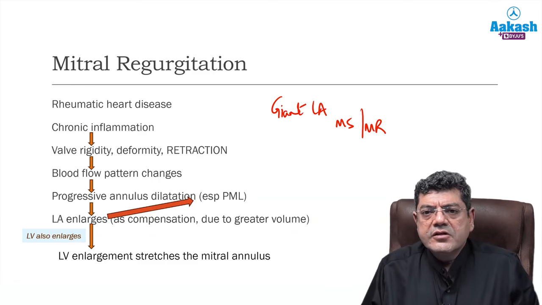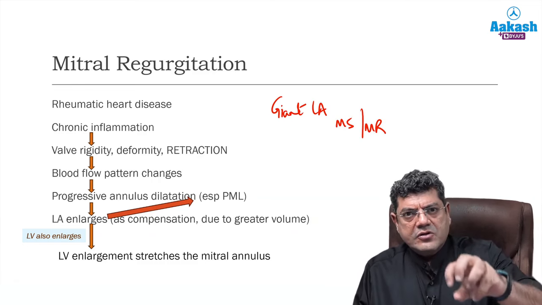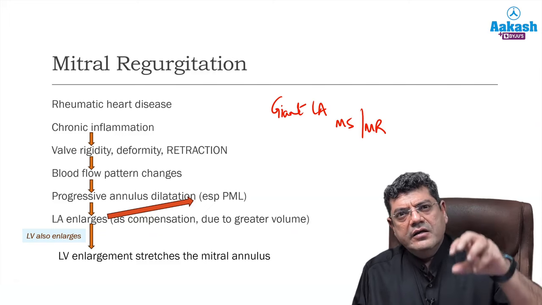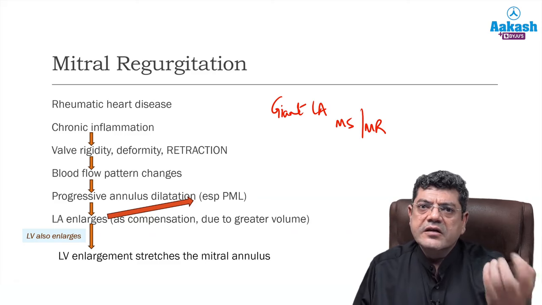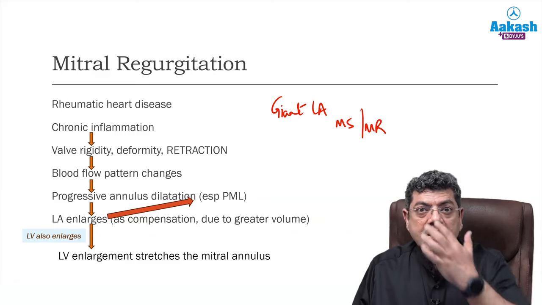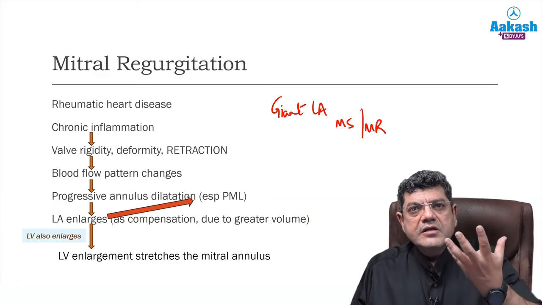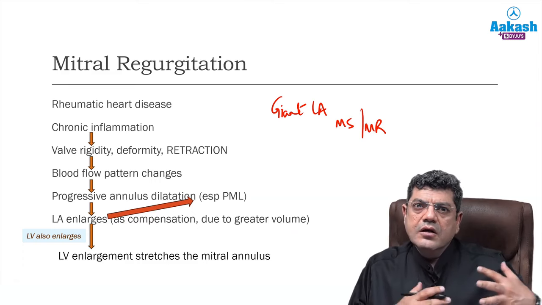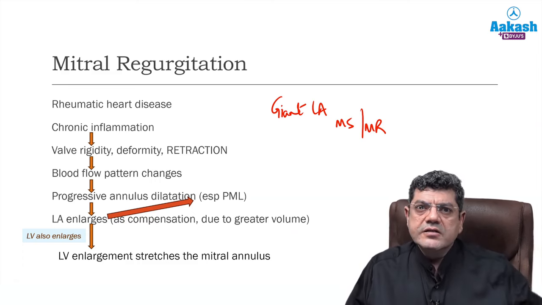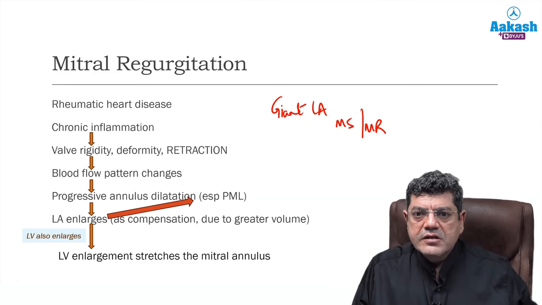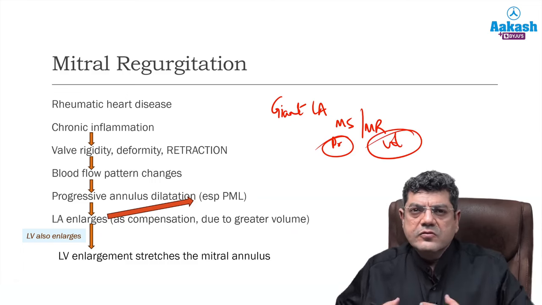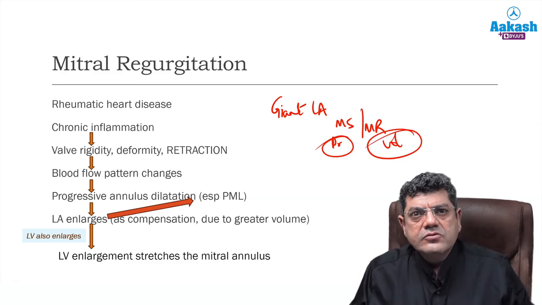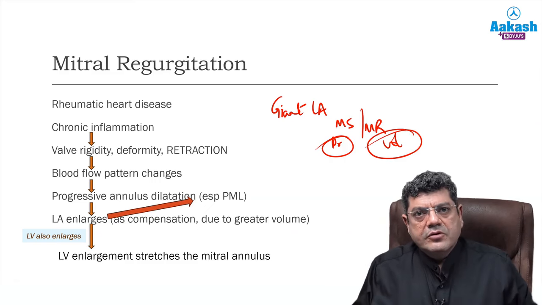Is it a condition in which the left atrium is contracting and trying to push blood from the pulmonary venous return into the left ventricle, or is it the condition in which the left atrium is enlarging to accommodate the regurgitant jet from the LV? This is primarily a pressure overload of the left atrium. This is a volume overload. Because this is a volume overload, the left atrium continues to become larger progressively.